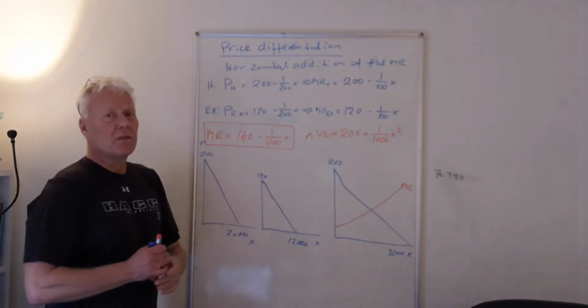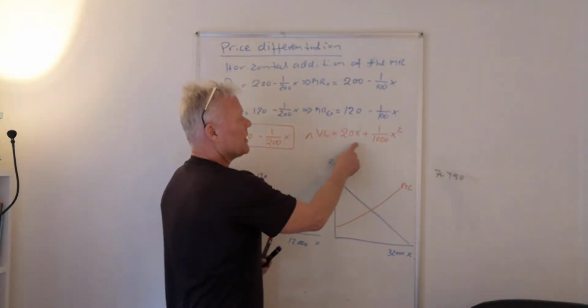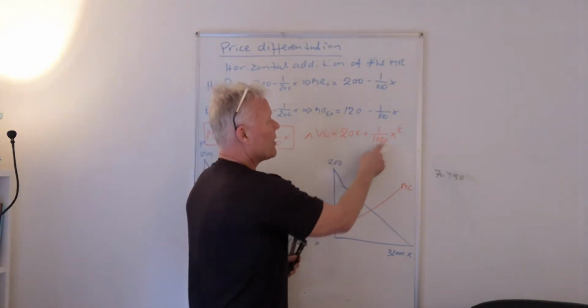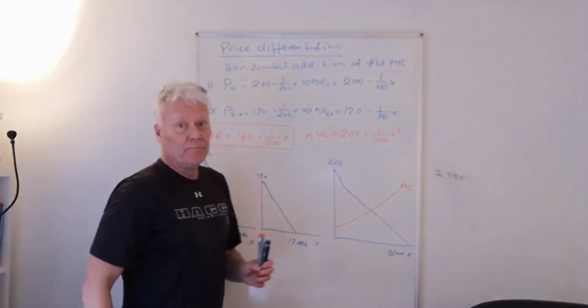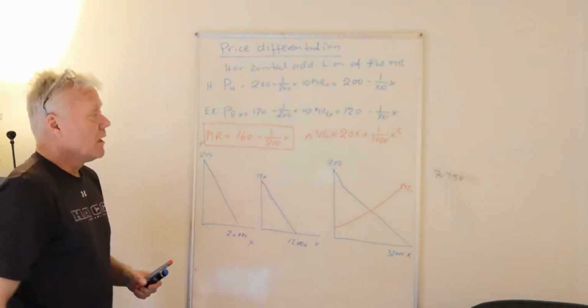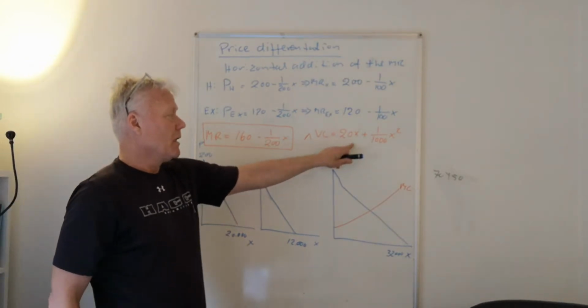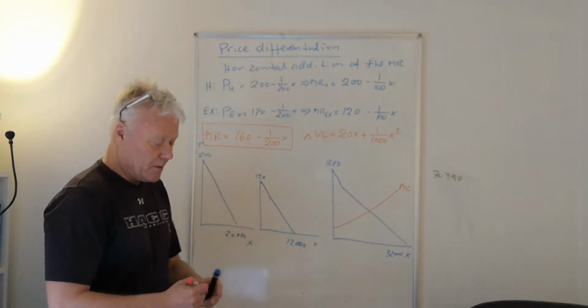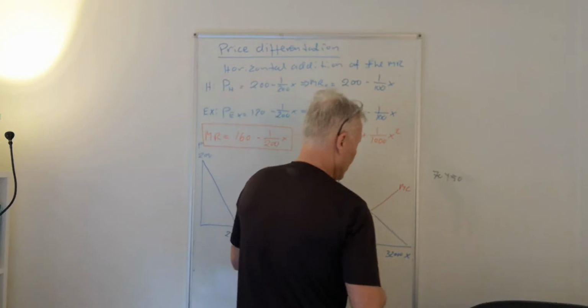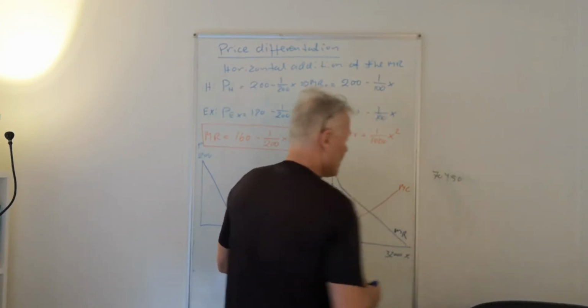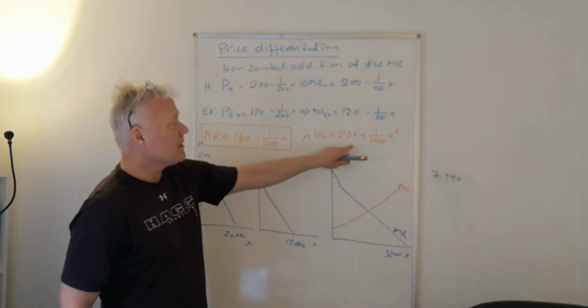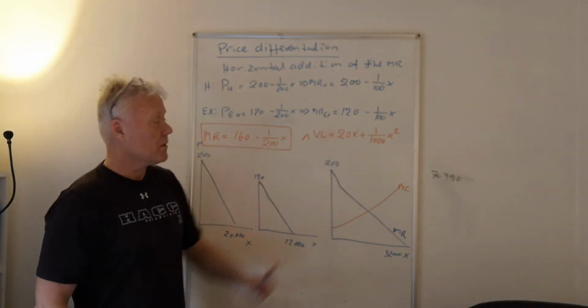The new information is that the variable cost is 20x plus 1 over 1000x squared. So that's a function for the total variable cost. To be able to find the optimal price where marginal revenue and marginal cost intersect, I need to find the marginal cost.